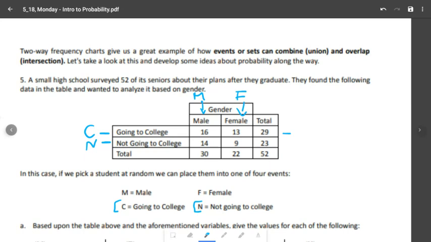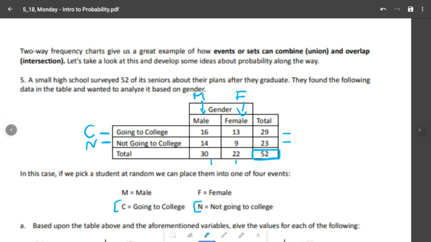Notice at the end of each row and column, we have their totals. If you added up the number of students going to college, 16 plus 13, there's a total of 29 going to college. Not going to college, 14 plus 9, there's 23 of them.